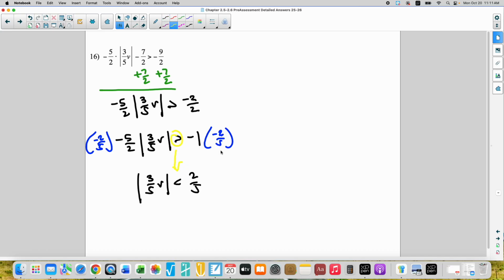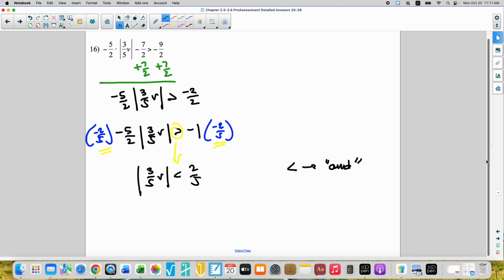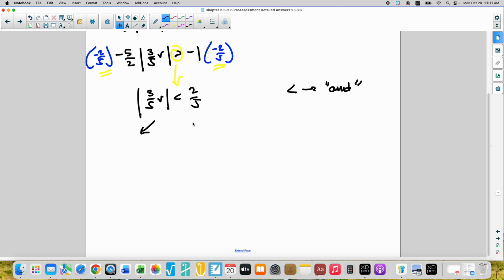So make sure you notice that you flip the inequality sign. And now it is a less than. Less than means an and statement. So I'm going to write my two statements with an and. 3/5 v is less than 2/5 and 3/5 v is greater than negative 2/5.